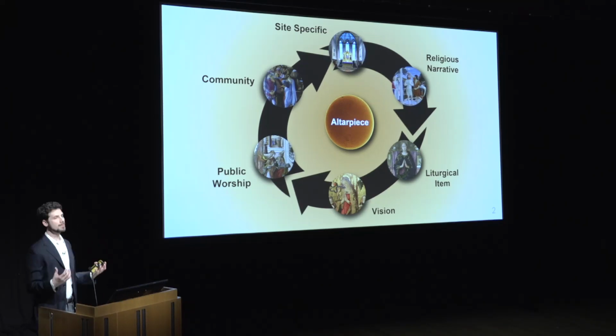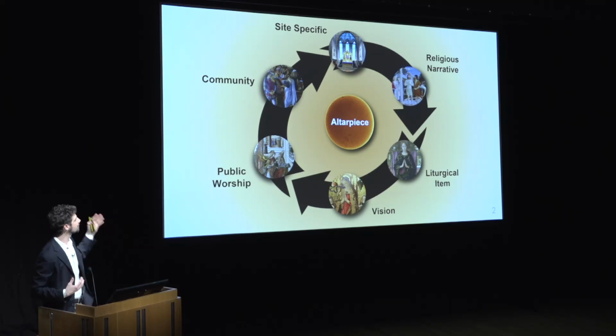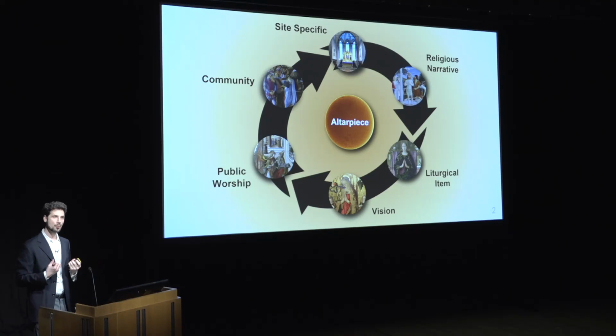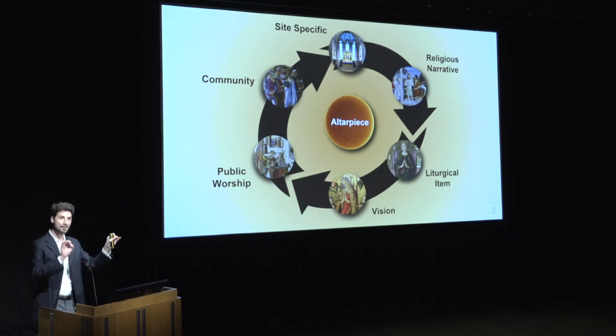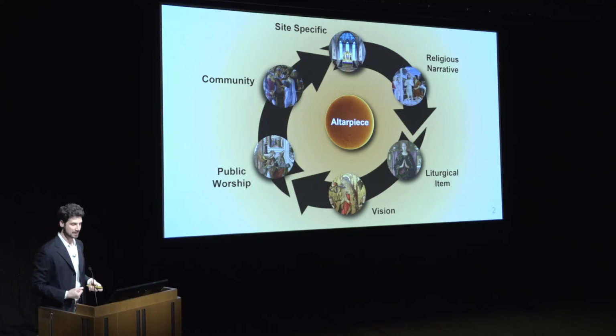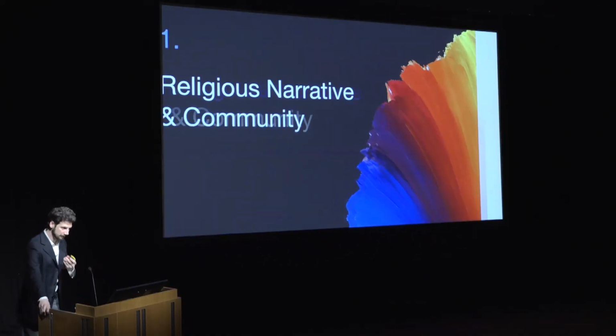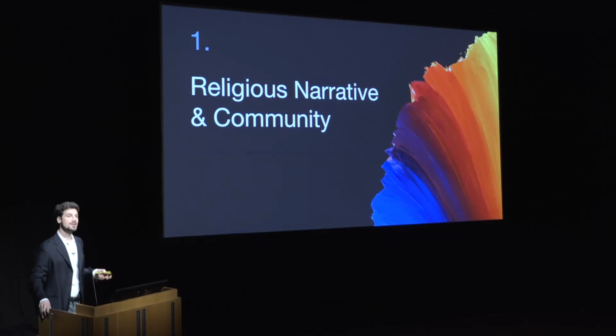That's the power of images. They're syncretic. They give you all these different elements all at once, and you need to absorb them. You need to find a way to unpick the different elements and then put them together. The unity of these elements is the secret of an altarpiece. So I want to start with religious narrative and community, two of the elements involved.